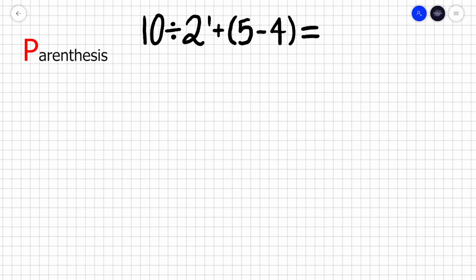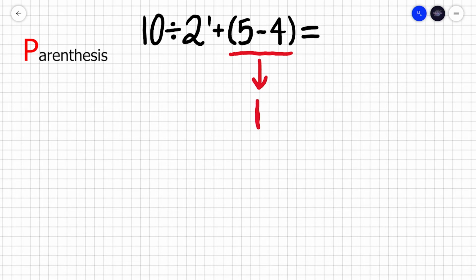Regardless of what the operation inside the parentheses is, you still have to do what's in the parentheses first before you do anything else. I know I said that you have to do multiplication and division before you do subtraction and addition, but in this case, it's in the parentheses, so you have to do what's in the parentheses first. You would do 5 minus 4, which is pretty easy, hopefully, which is just 1.